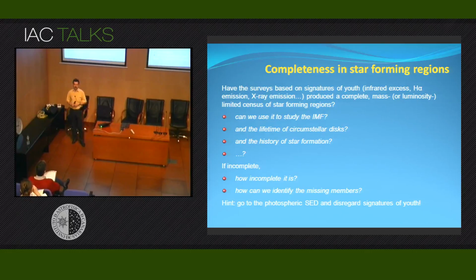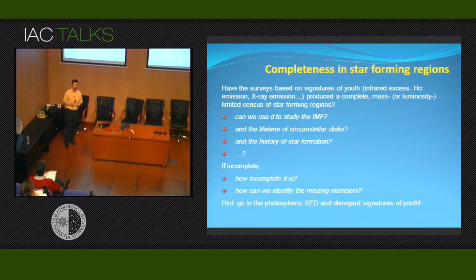At the time of doing that, we have to be careful that effects of completeness are properly taken into account, and that if we are using the census to derive the global properties of the star-forming region, we take care of the objects that we don't detect by using these tracers of youth. So if the population is incomplete, if we suspect that there are incompleteness factors in the population, we want to know how incomplete it is, how this incompleteness depends on the mass, how it depends on the age.